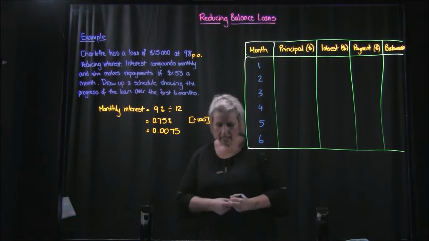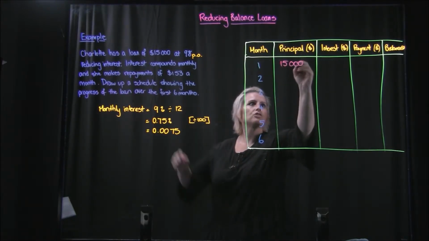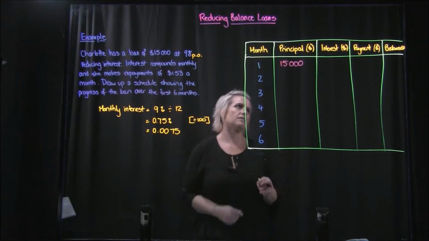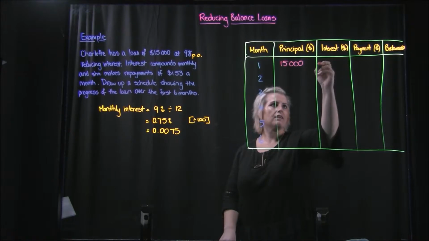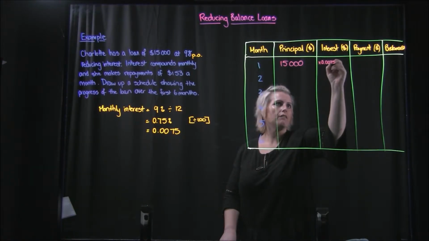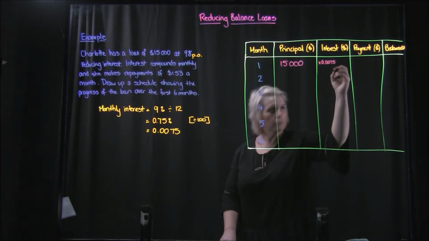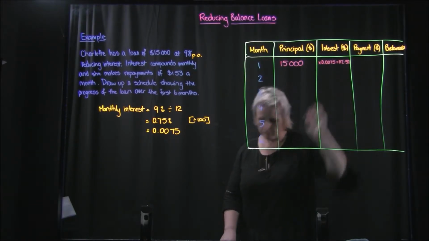Okay, so to begin with, the principal, 15,000. So we read the question. She has 15,000. The interest is going to be 15,000 multiplied by our decimal, 0.0075, which gives us 112.50.